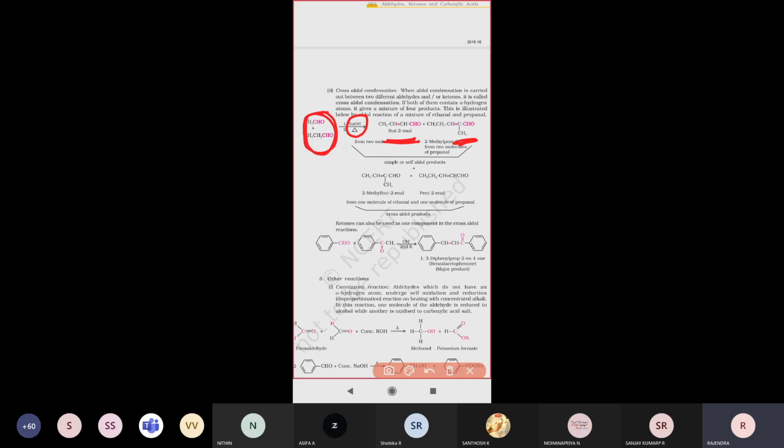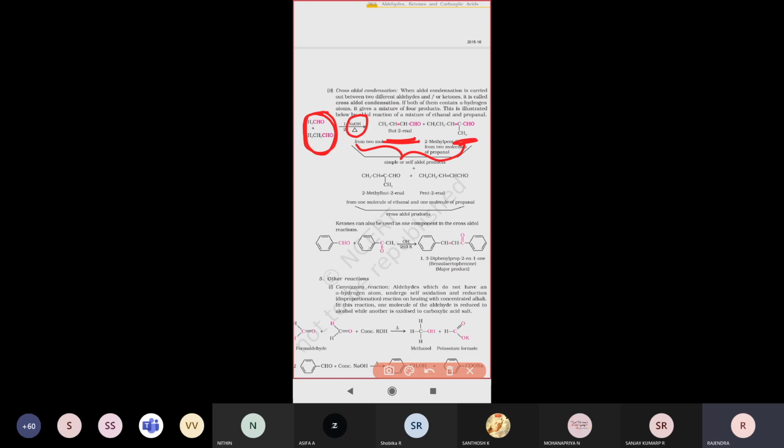Now, self aldol products also happen there. Self aldol is nothing but the reaction within the same compound only, where the reactants change their positions. That is called self aldol.